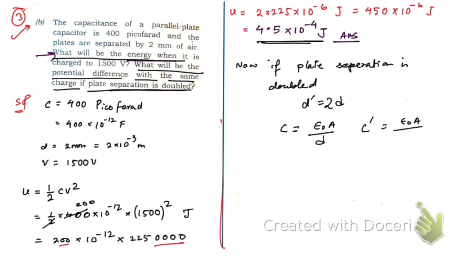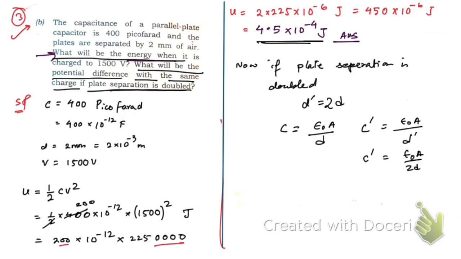So here we have to write D dash, and if you replace D dash by this, then what you're going to have, C dash is equal to epsilon naught A by, instead of D dash we're going to have 2D, right?